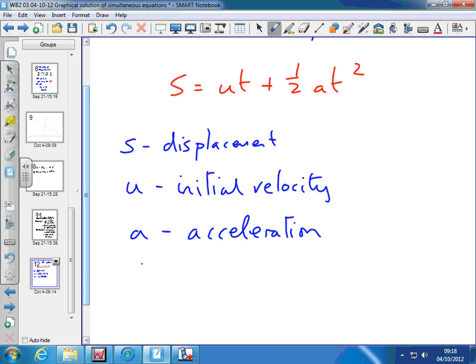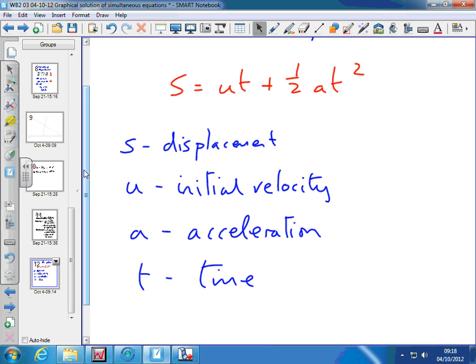And finally T, time, right. How many variables in that function? No, 4. S, U, A and T.